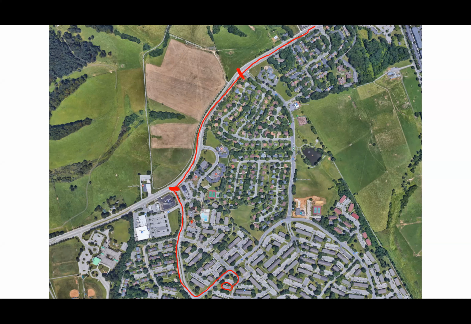But if he used the other one to go to Bryce's Fork, it is shorter, but there is a stop sign at this point, another stop sign at this point, and a signal at this point.